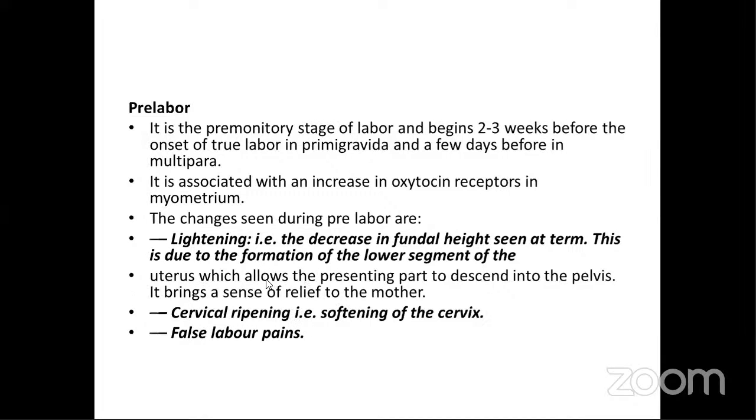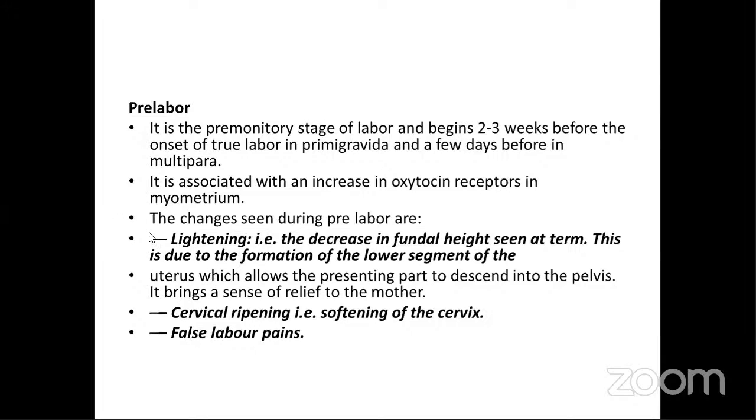The mother will be having a lot of pressure, especially in the upper abdomen and the stomach, and there is a kind of difficulty in breathing because of the pressure on the chest as well. So when there is a sudden descent of the presenting part because of the formation of the lower uterine segment, it relieves the mother of that pressure, and she feels that there is a light sensation in her body.